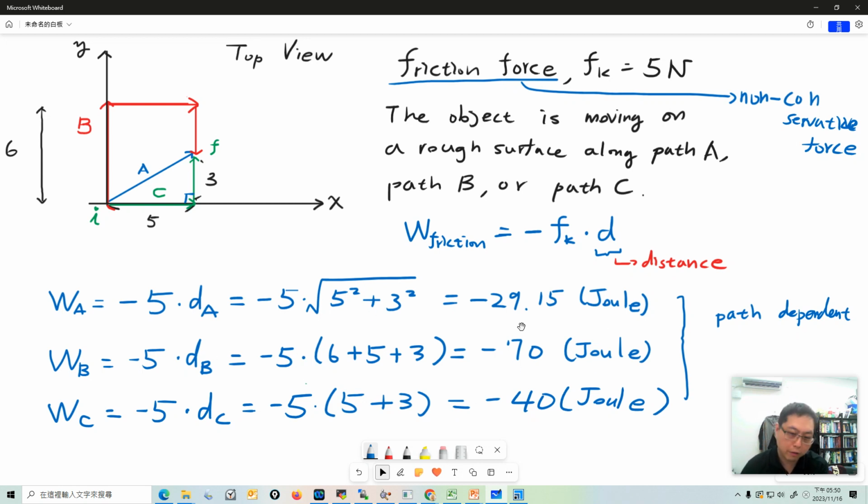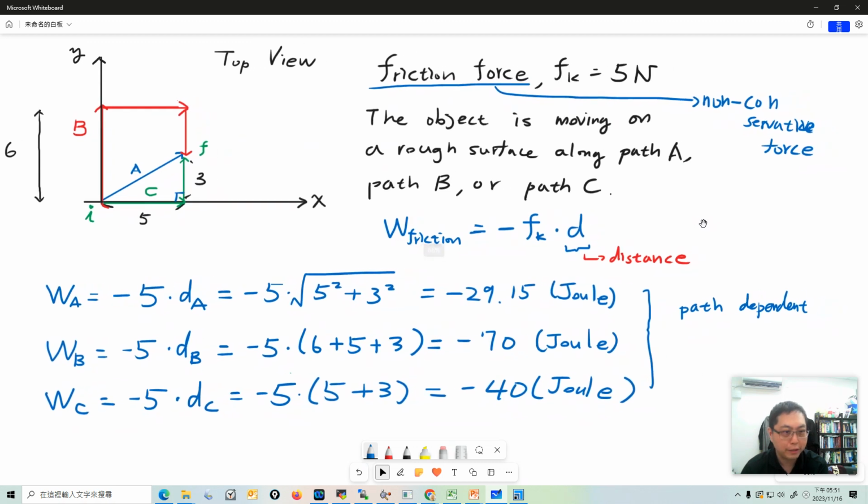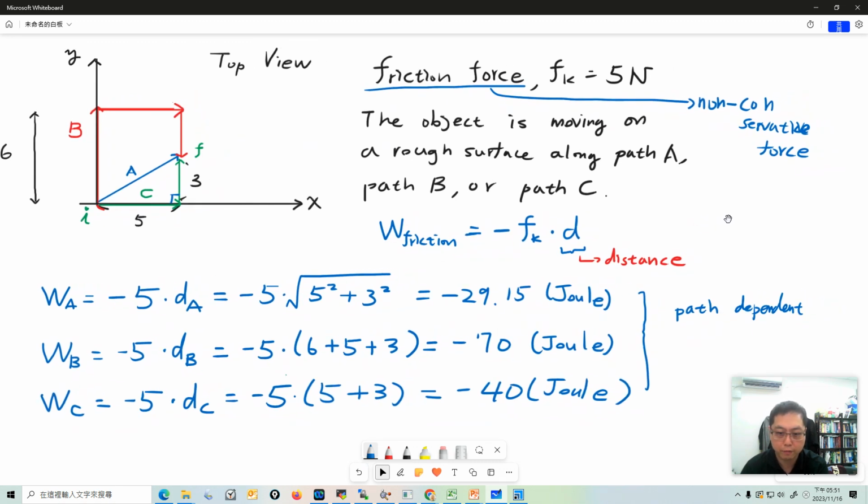It's different from the example we demonstrated with the spring force and gravitational force, which sometimes do positive work and sometimes negative work. But friction force always does negative work. That's also a very important difference between a conservative force and a non-conservative force.